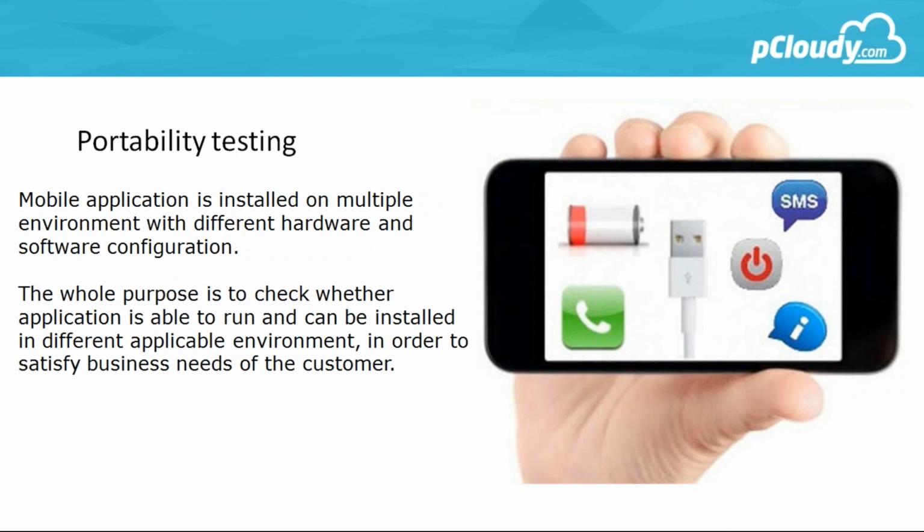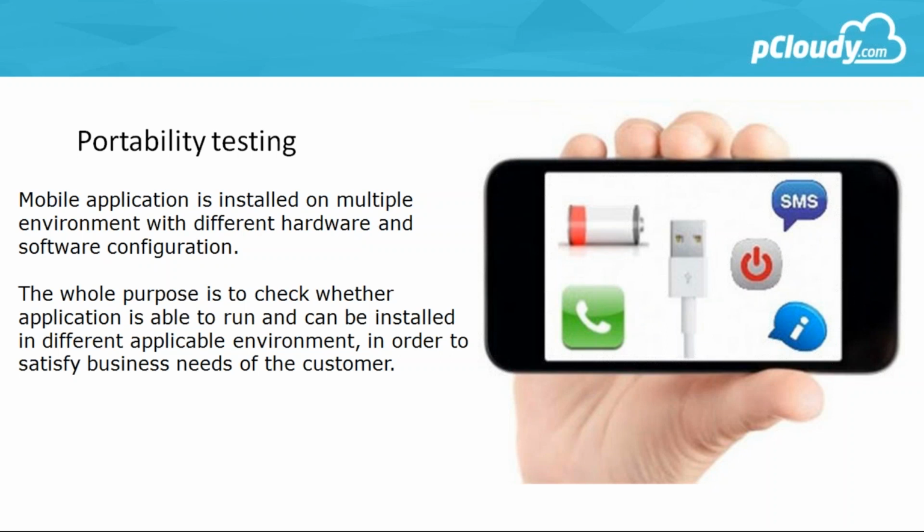Generally, the defects which occur during portability testing do not come out in the normal course of testing, like when we are doing unit testing, integration testing, module level testing, and even system integration testing. If you just do normal functional testing, you may be doing it on the emulator or on some of the physical devices which we have.